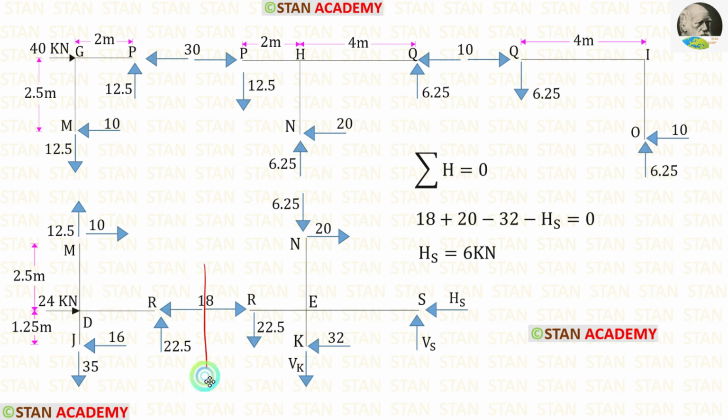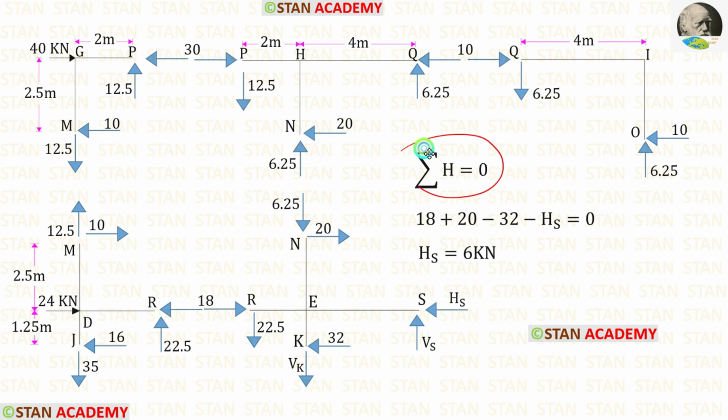Also, on the right of R, these two forces will be acting in the opposite directions. In the point K, we have calculated the horizontal force. We have to only find the vertical force. In the point S, we have to find the horizontal force and vertical force.